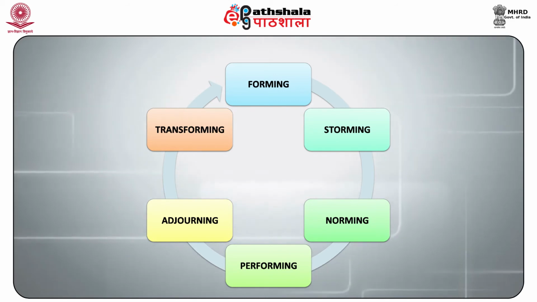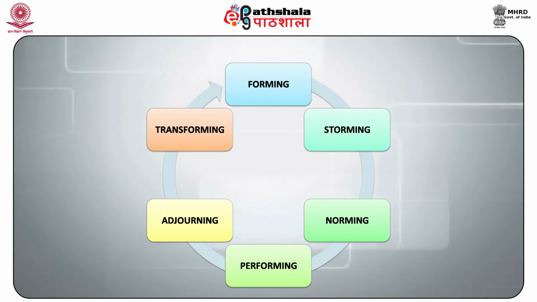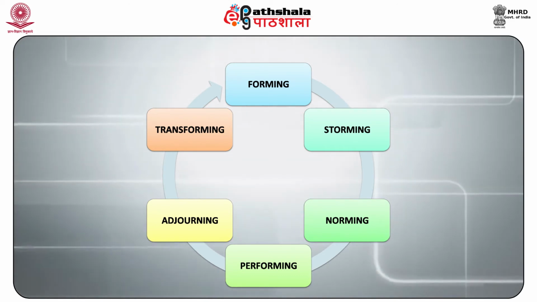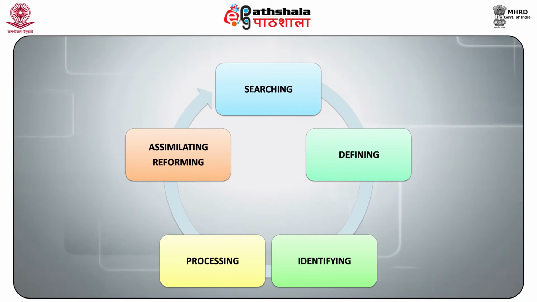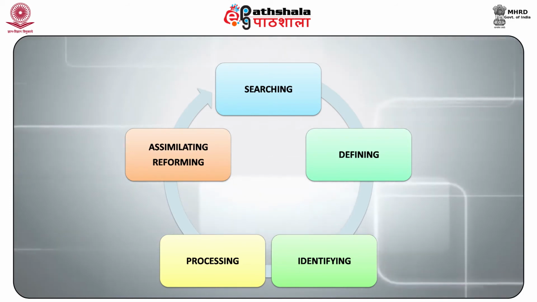Later, as self-managed teams became common in business, he added a 5th stage of adjourning, transforming. Thomas Quick called the 5 stages for teams: searching, defining, identifying, processing and assimilating, reforming. Whatever term is used for the stages, teams will go through all 5 during their developmental and working processes.